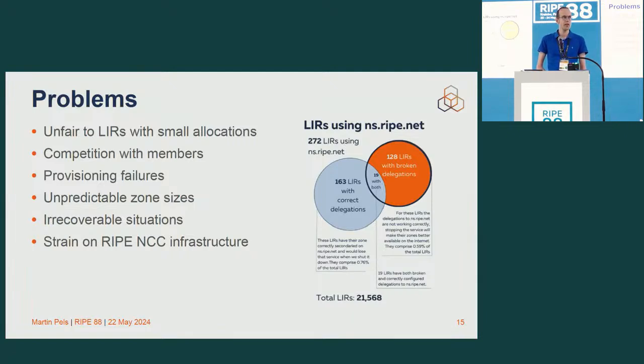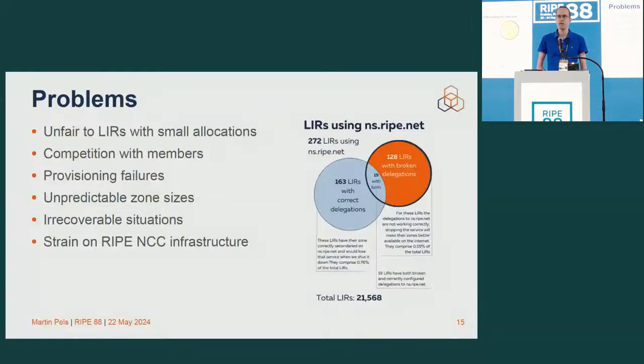The second issue is that it's a service that used to be something special, but these days anyone can run, and many do run, DNS services for others. So we're actually competing with our members with this.